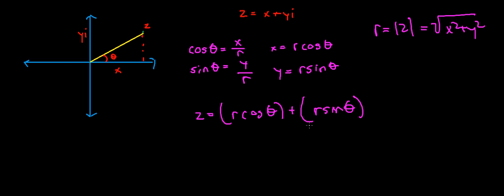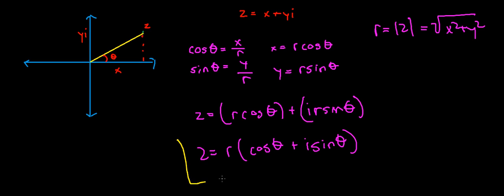And the only difference between the regular coordinates and the complex ones is this has an i on it, so I just stick an i here. And then actually I can write this nicer. I can factor out an r: r times cosine theta plus i sine theta. So this is the conversion.